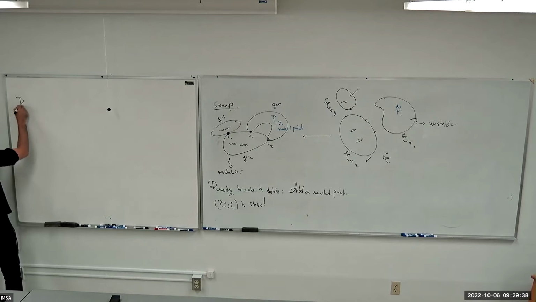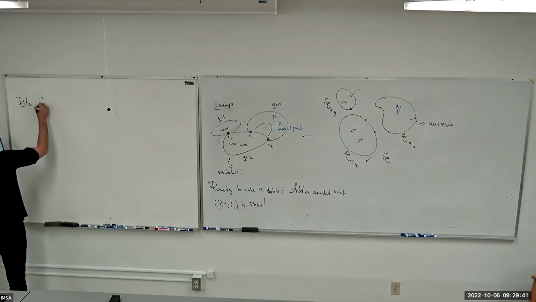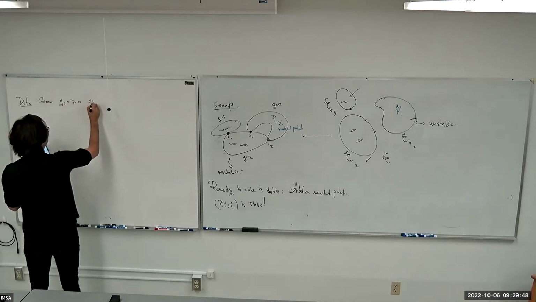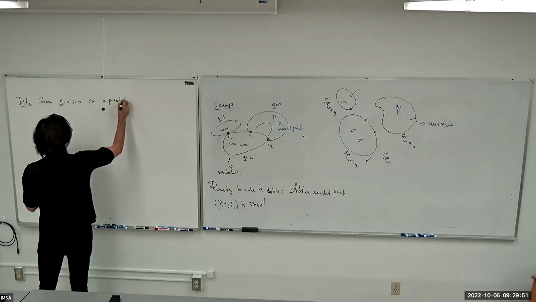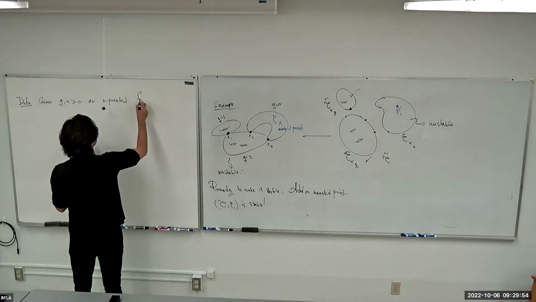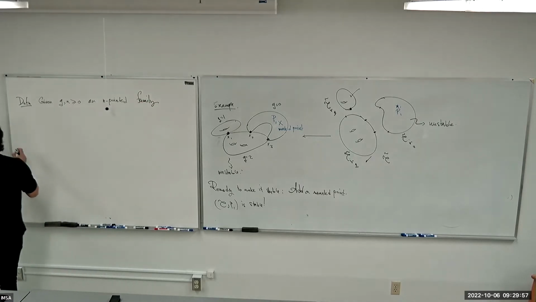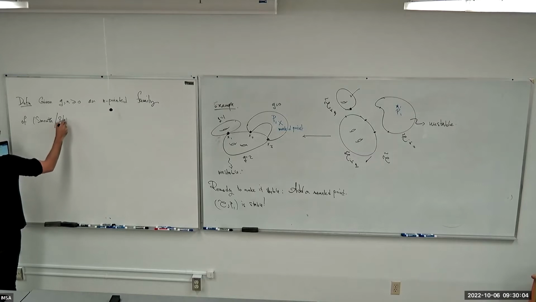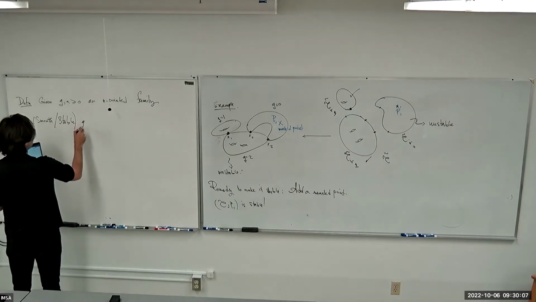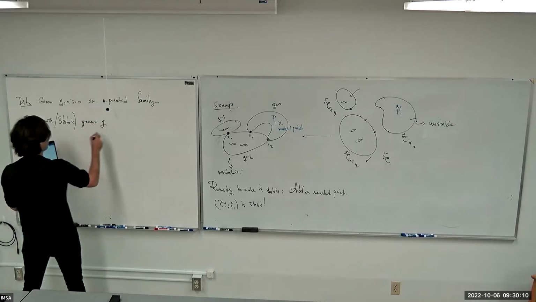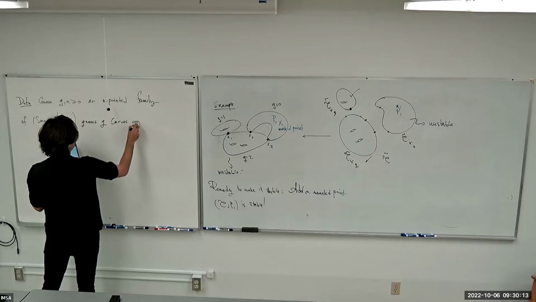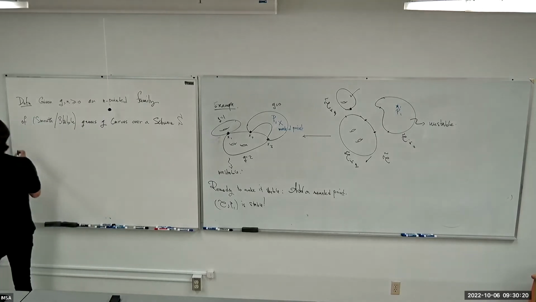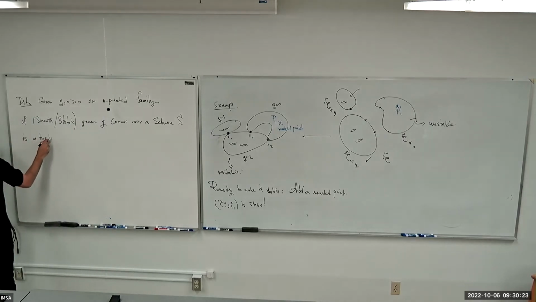Now here's a definition. Given g and n bigger than or equal to 0 integers, an n-pointed family of smooth or stable genus g curves over a scheme S is a tuple as follows.